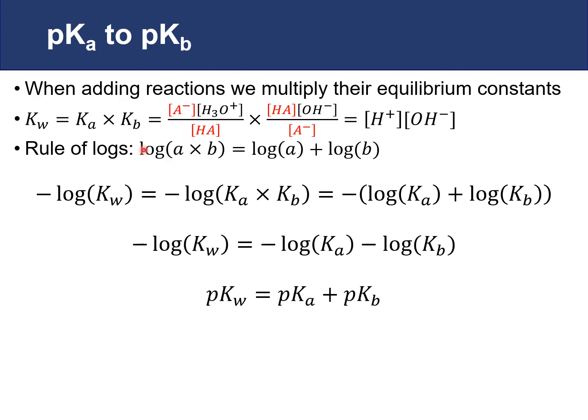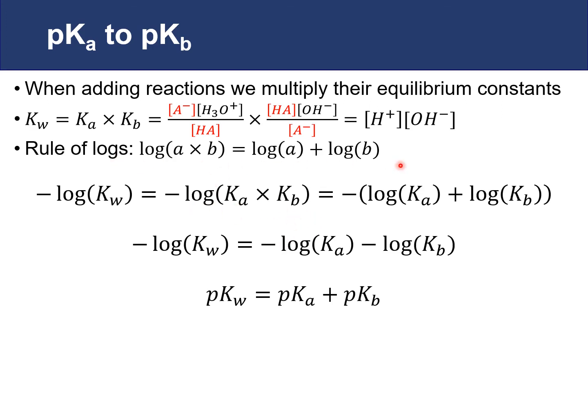We can use the rule of logs here to come up with a relationship between Ka, Kb, and Kw. So the rule of logs is that the log of two things multiplied together is equal to the log of each independently added together. So if we take our expression that we have up here, where Kw is equal to Ka times Kb, we take the negative log of both sides, that would be the negative log of the Kw is equal to the negative log of the quantity Ka times Kb.